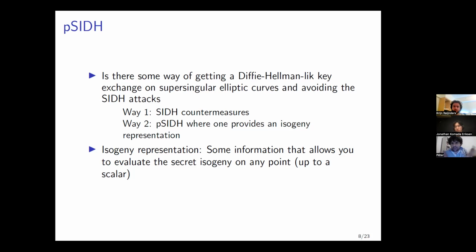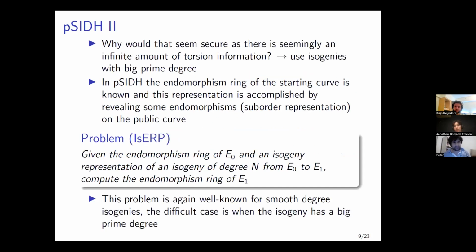That's a way of actually using an isogeny, because you can evaluate it wherever you want. And the idea of pSIDH was that you use big prime degree isogenies and you reveal isogeny representations of your isogenies, and that allows you to do an SIDH-like key exchange and avoid the SIDH attacks because your isogenies have big prime degrees.